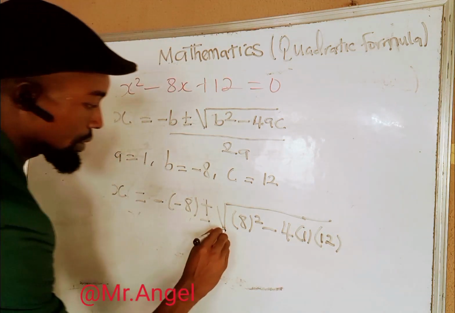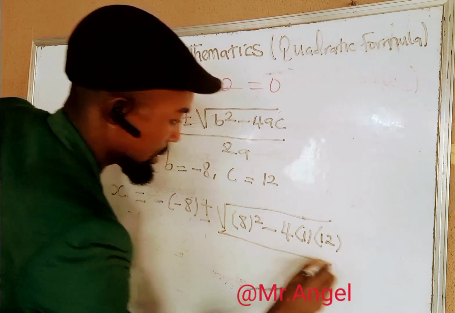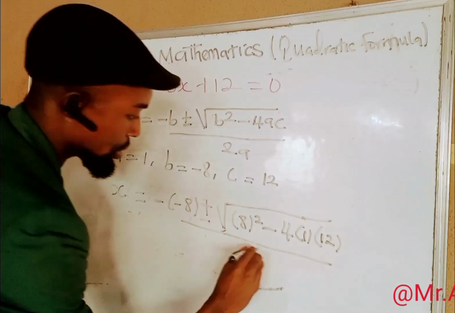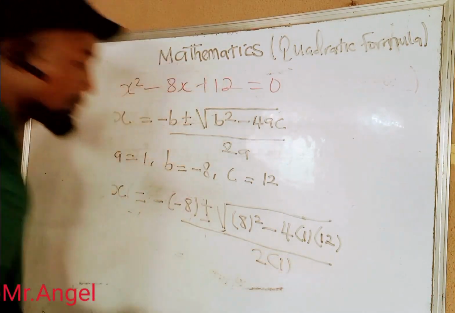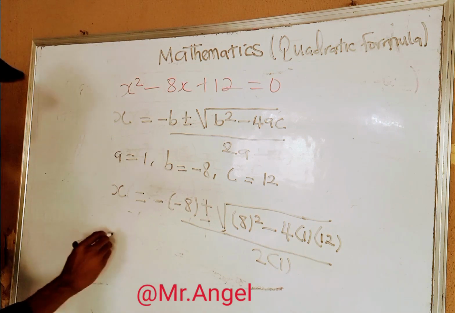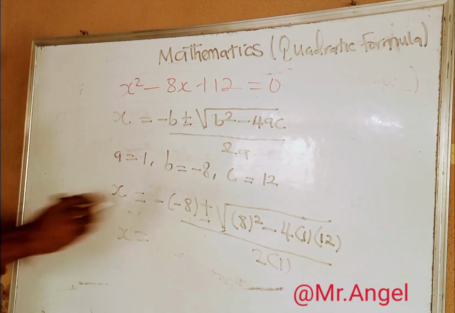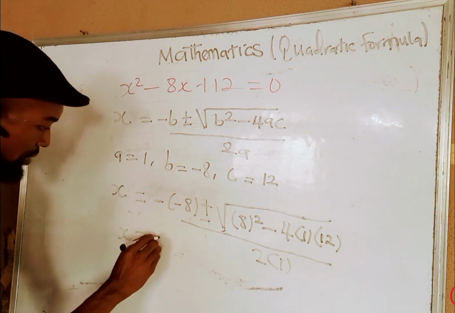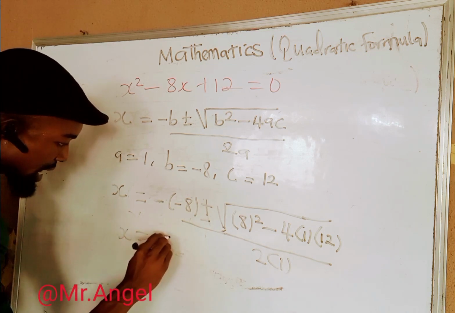Divide everything by 2a. a is 1. From here, minus times minus is plus, so we have positive 8 this time around.